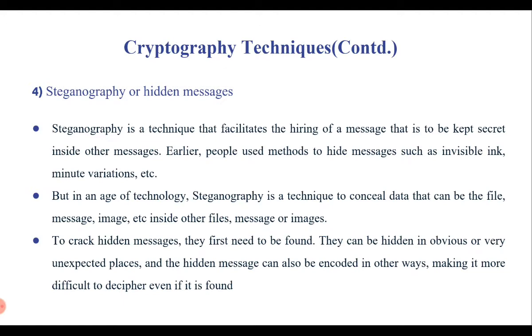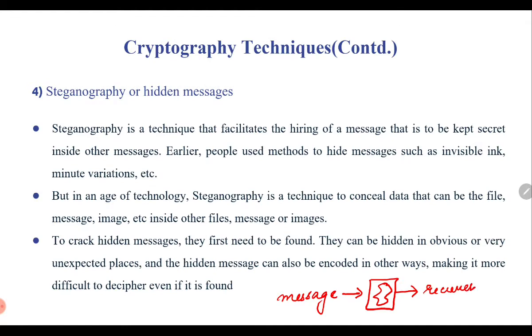They can be hidden in obvious or very unexpected places, and the hidden message can also be encoded in other ways, making it difficult to decipher even if it is found. Whatever the message, it is basically encrypted in a different form. Maybe it is encrypted in some image and then sent to the receiver.